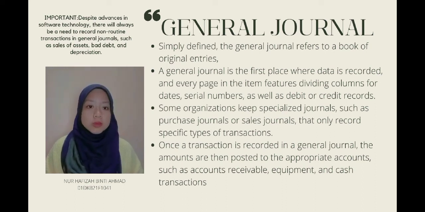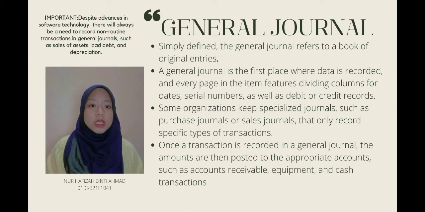Some organizations keep specialized journals such as purchase journals or sales journals that only record specific types of transactions. Once the transaction is recorded in a journal, the amounts are then posted to the appropriate accounts such as accounts receivable, equipment, and cash.